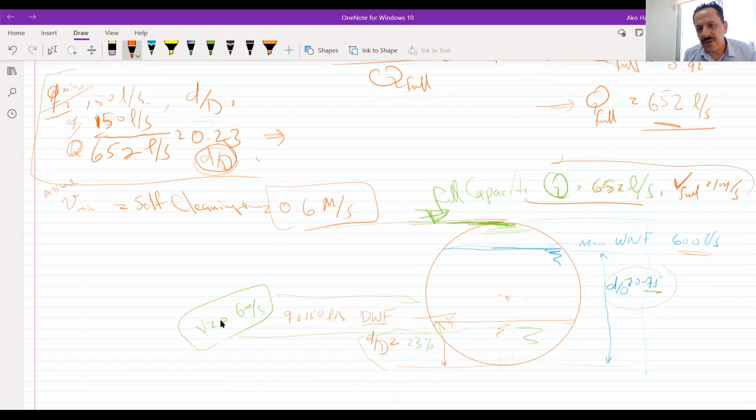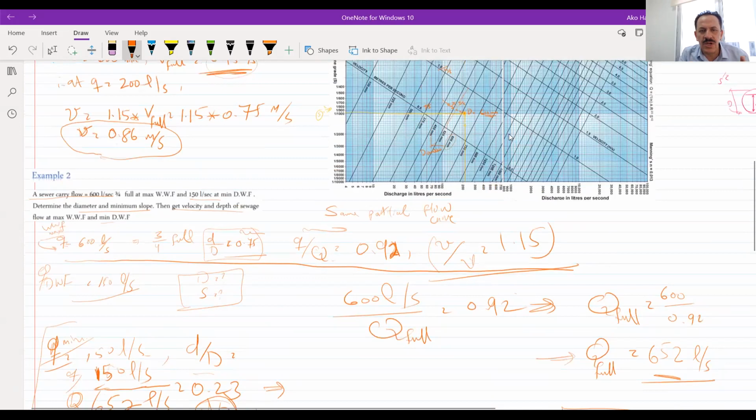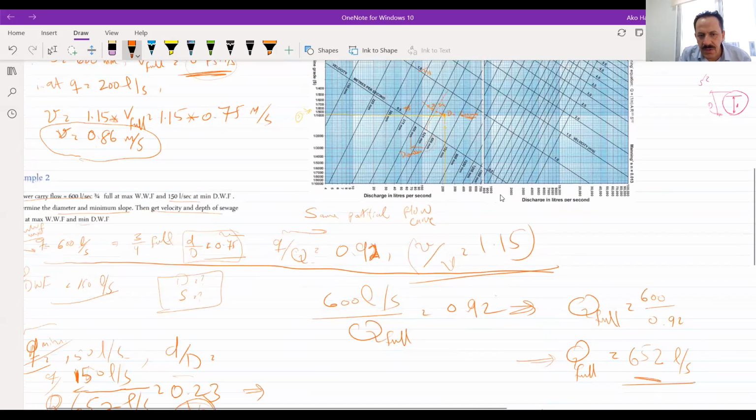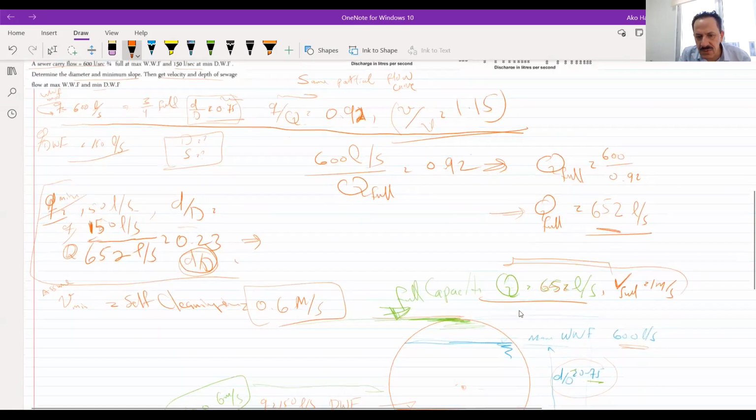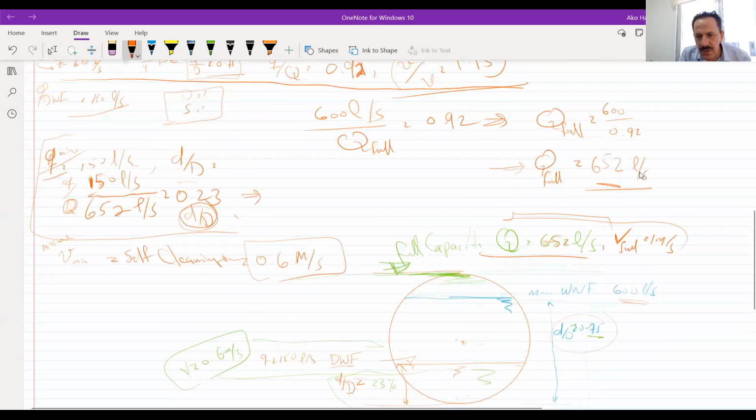Knowing those two values, I can find the other two parameters, which are the diameter and the slope.